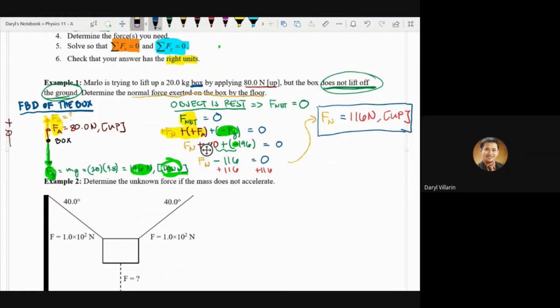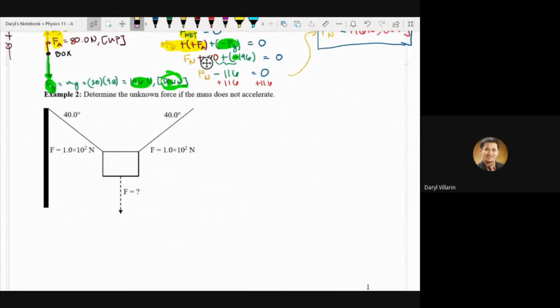Okay, so again, in the calculation here, it will just come out naturally, whichever is the direction of the force that you are trying to solve. So if I get a negative value here, that means that the force that I'm trying to solve has a direction opposite to the assigned positive direction. Okay. So let's take number 2 here.